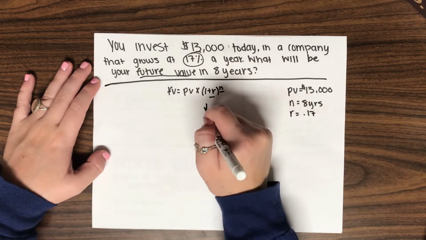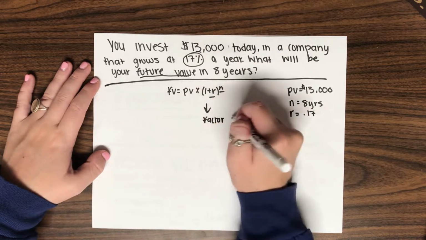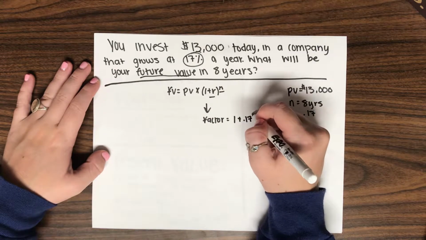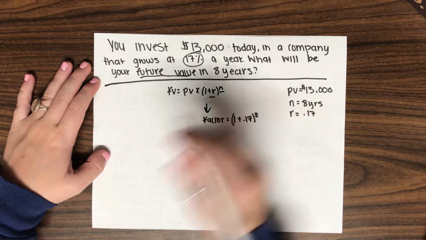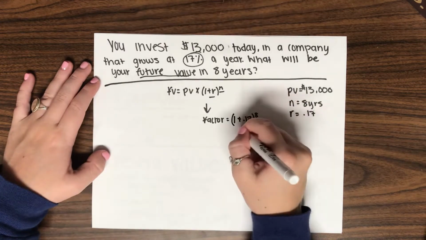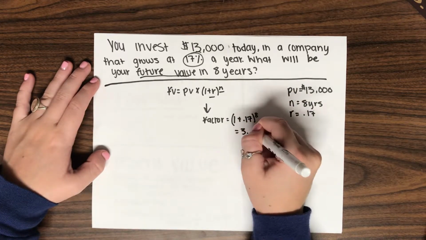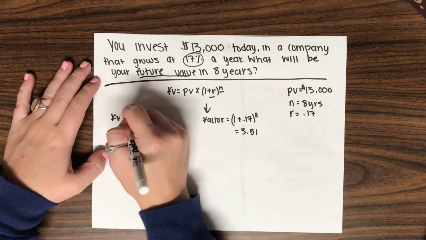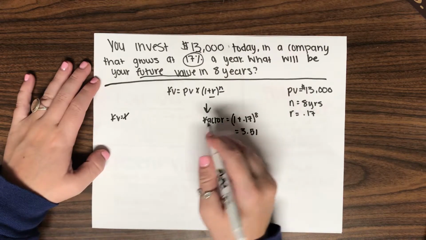So we find our factor, plug in our numbers, 1 plus 0.17 to the power of 8, and we come up with a factor of 3.51. Then remember our future value is multiplication, and we plug in our numbers.